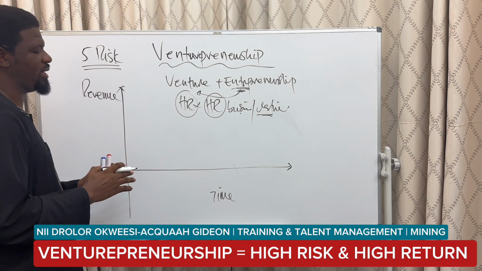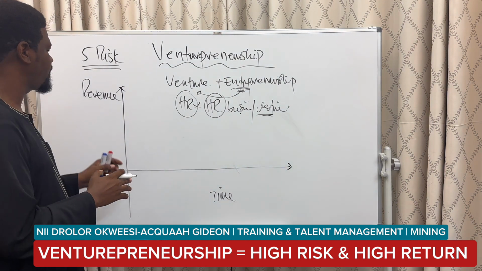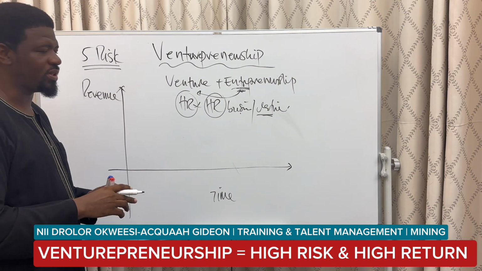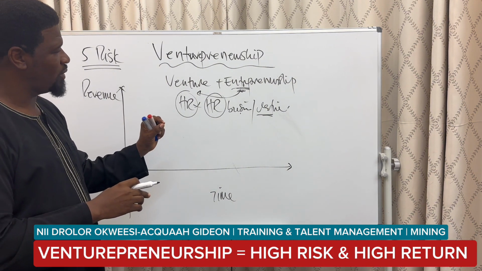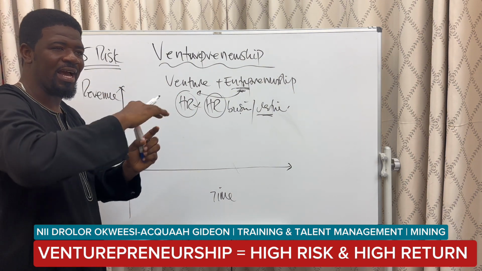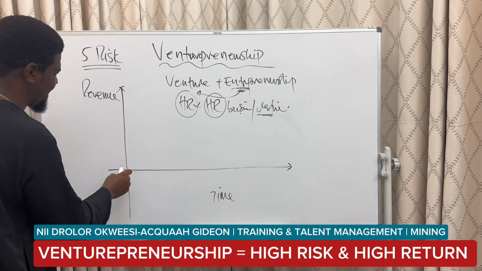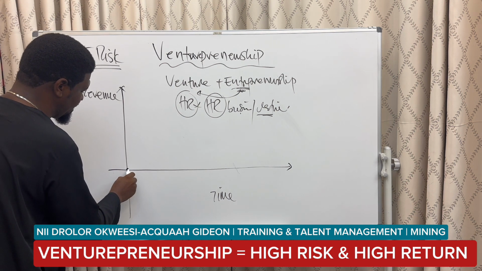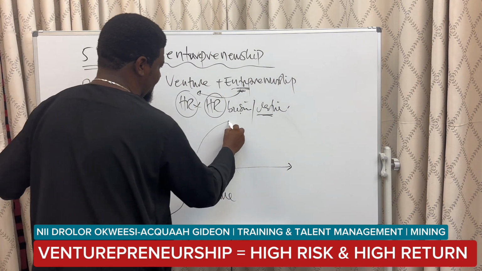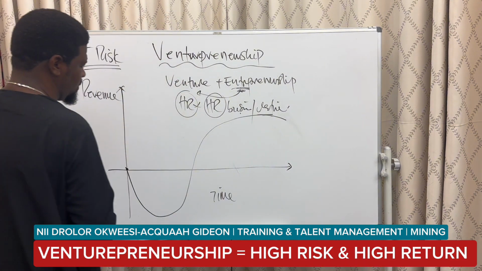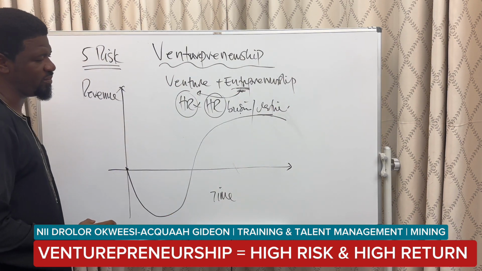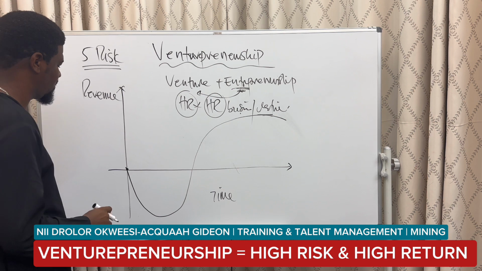So this will strike the relationship between revenue over time and the phases of business growth and development, and we'll try and understand the 5 main risks you encounter as your business grows. So it all starts from this point. Just draw this and then come up like that. Good.